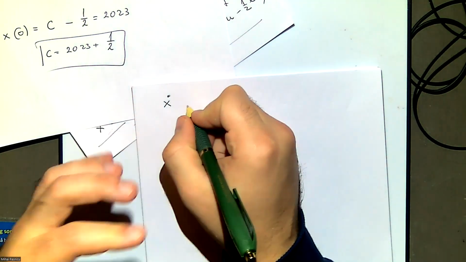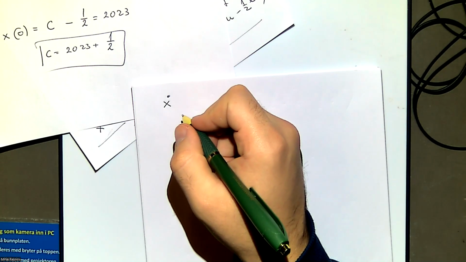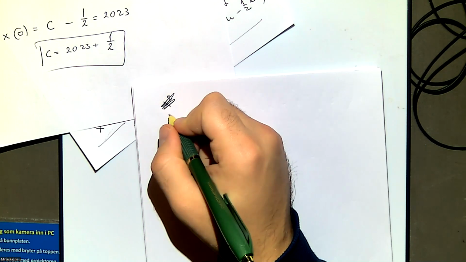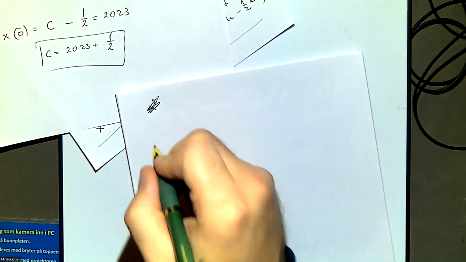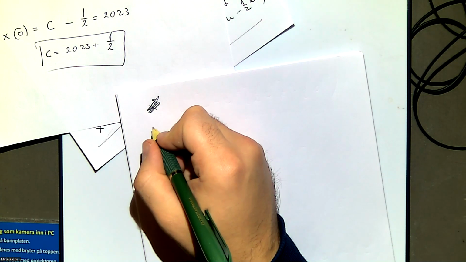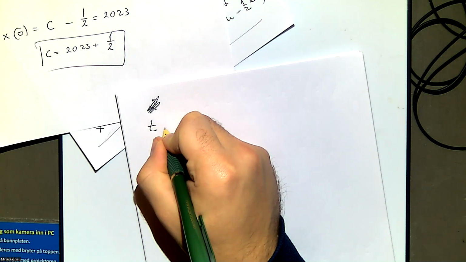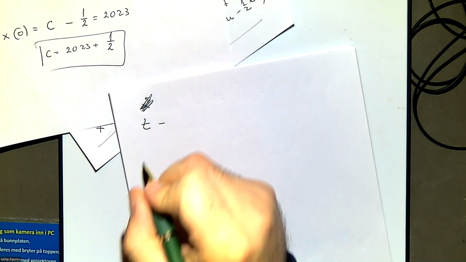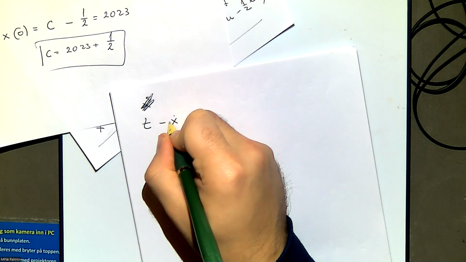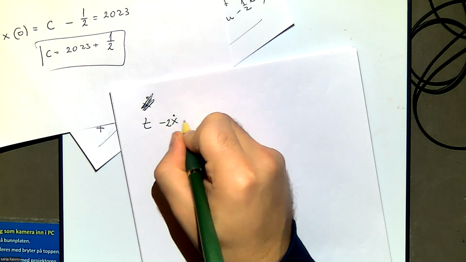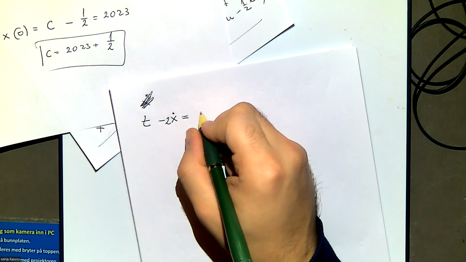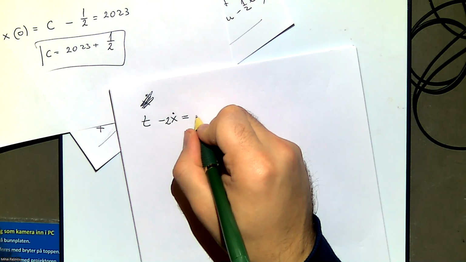x dot is equal to, wait, give me a second. I've got to create something special for you guys. e to the minus x minus 2x dot is equal to 4x.